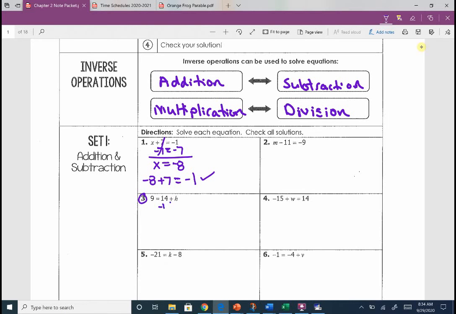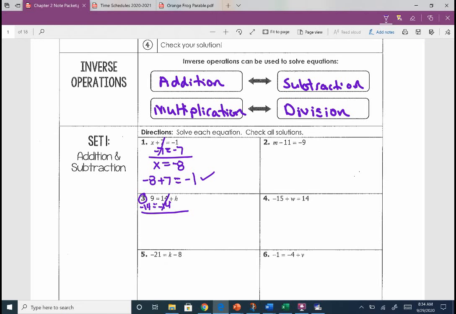So we need to subtract 14 from both sides. I know it's the right move because over on the right side, I have positive 14 minus 14. Positive 14 minus 14 is 0. That's how I knew that minus was the right choice.